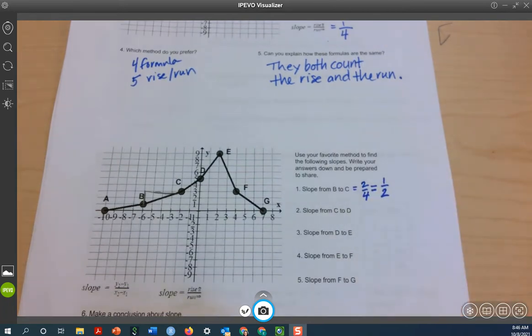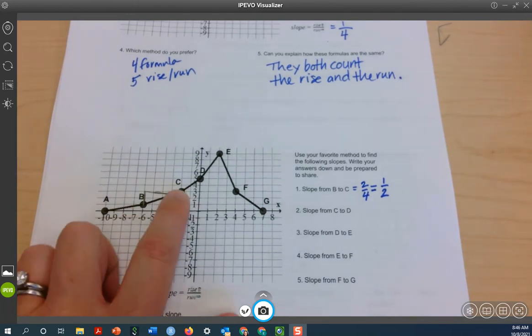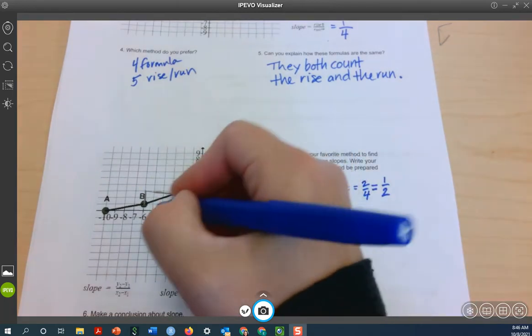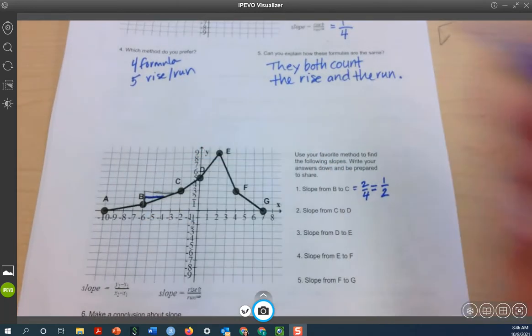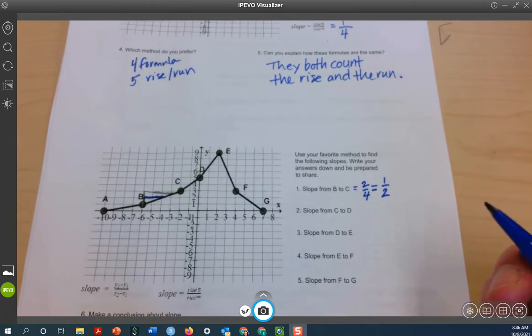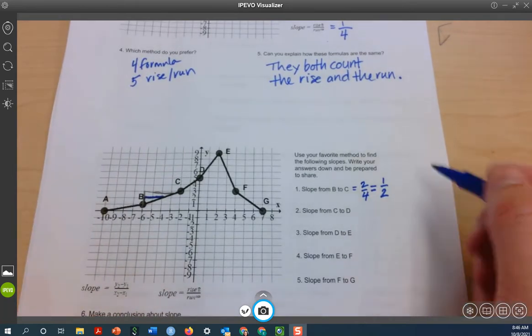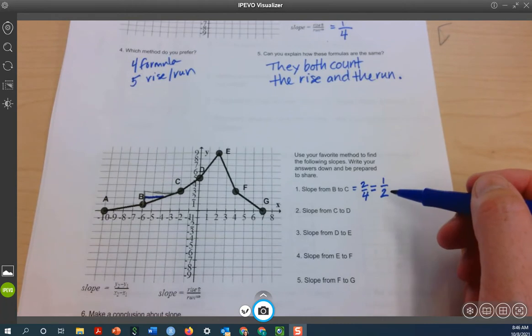It's interesting too because you don't have to use the points B and C in order to find the slope. You can use any points that are on the line. So I could go up 1 and over 2, like right here. See how I hit the line again? That's also 1/2. So 2/4 is good. 1/2 is simplified. That's good.